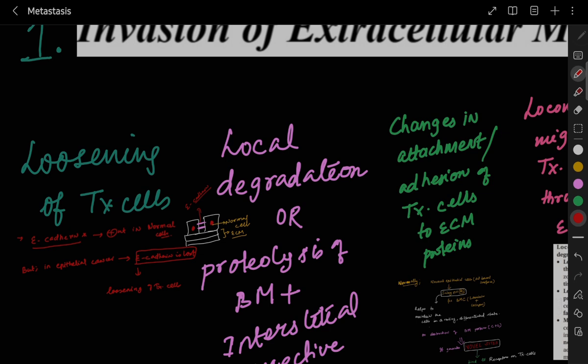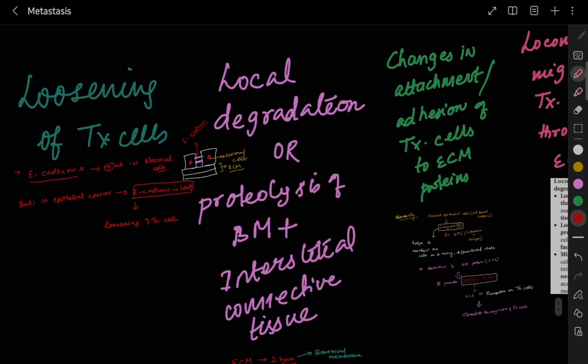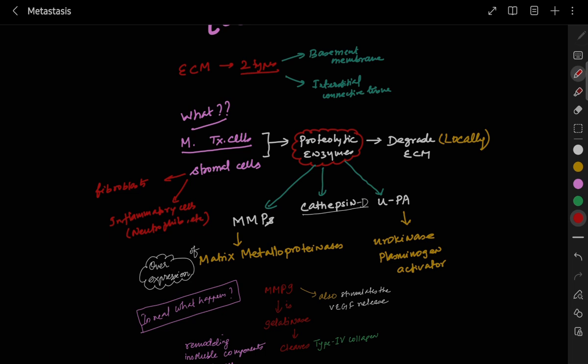Now the second part is the local degradation or proteolysis of the basement membrane and interstitial connective tissue, right? To understand this, you have to understand that the extracellular matrix is of two types. First is the basement membrane and the second is the interstitial connective tissue.